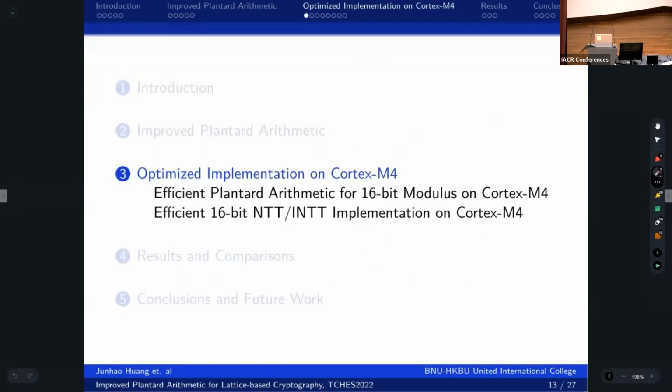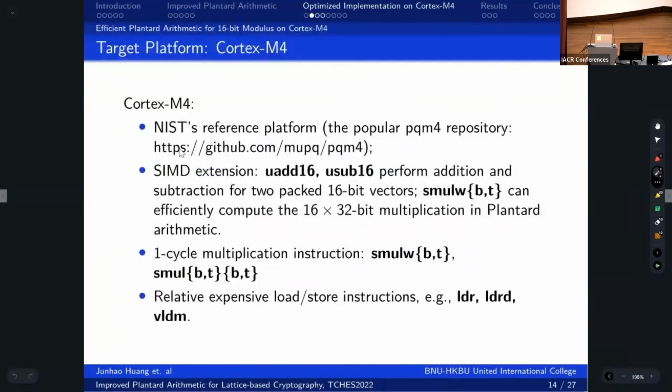And we now show how to integrate the improved Plantard arithmetic into Kyber and NTTRU. So the target platform of this paper is the Cortex-M4, which is a NIST reference platform. And it has some SIMD extensions, which enable us to perform addition, subtraction, or to pack 16-bit vectors in one instruction.